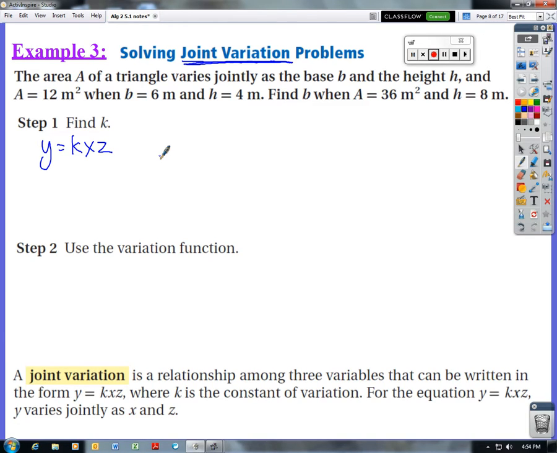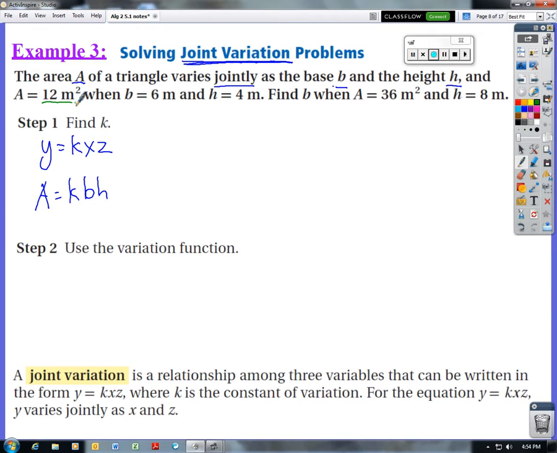Okay? So, in this case, we're going to change the letters because we're dealing with the area A of a triangle varies jointly as the base B and the height h. So it's going to be A equals k times base times height. Okay, and then it gives us some values to plug in.